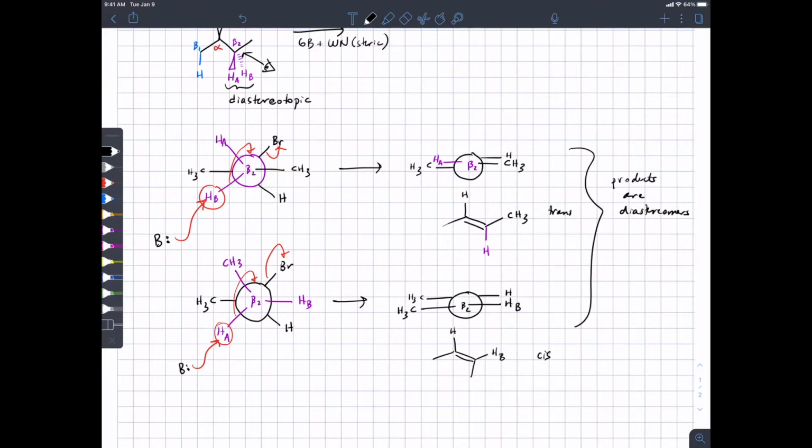Colton at home is asking, does it matter how favorable a conformation is? That's a good question, and you might wonder, isn't this anti conformation more favorable than this gauche conformation? And in that case, could we expect to see more trans than cis as a result? That makes sense, though it's actually a complicated issue dealing with kinetics.